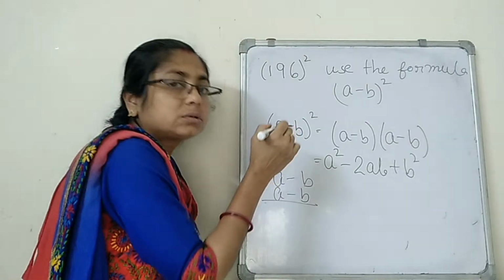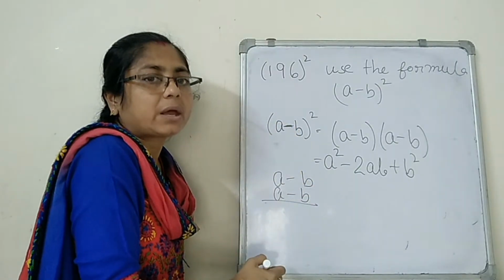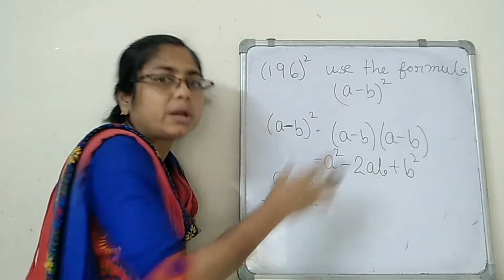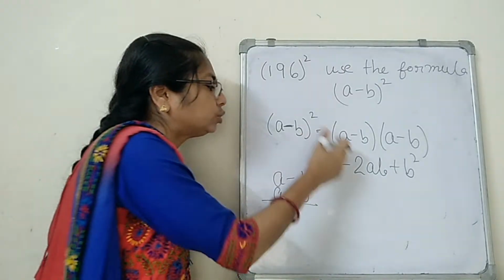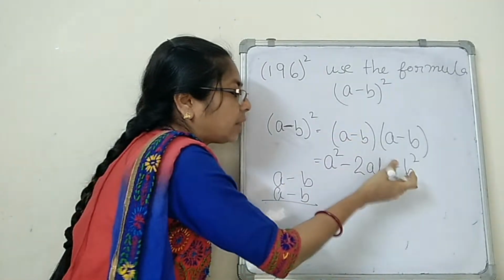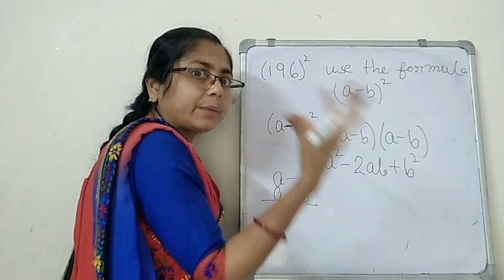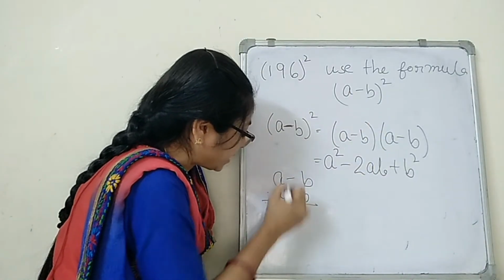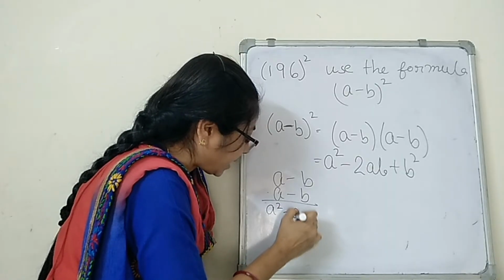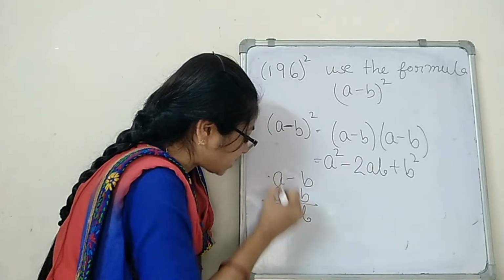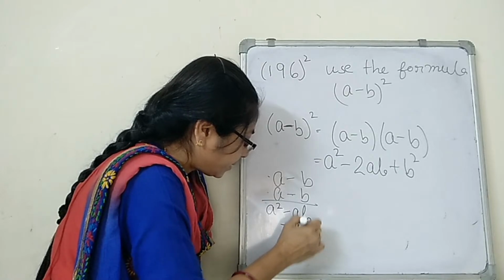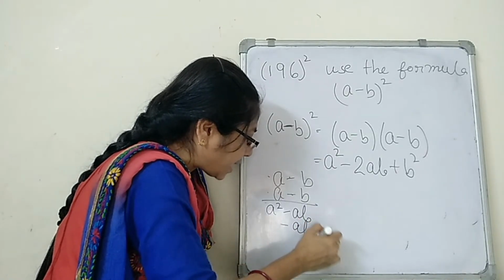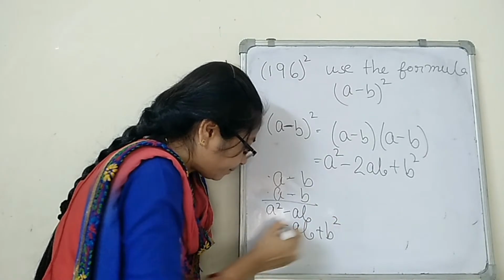You should do it, because otherwise if you learn only this formula, sometimes you use the plus sign, sometimes the minus sign, and you get a big zero. Do it: A square, plus minus minus AB, plus minus AB, minus plus B square.